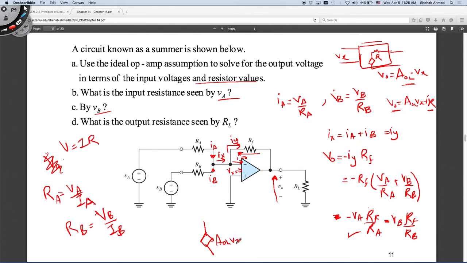AOL times Vx, and this is R, and this is RL. The output voltage equation here, if I change the value of current flowing in the output, what will happen?